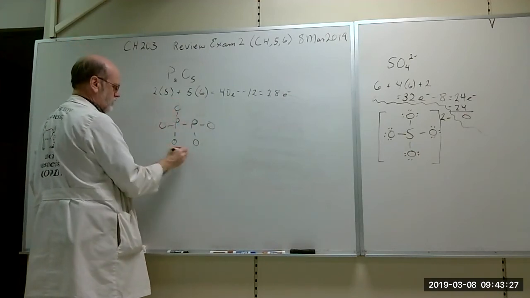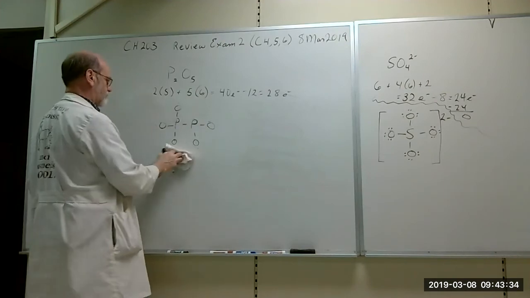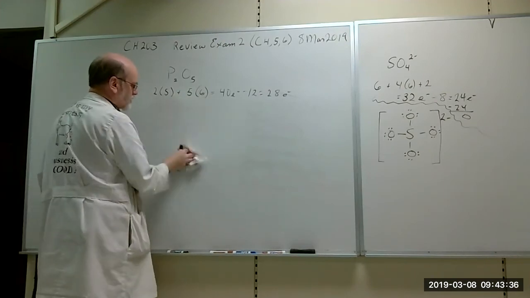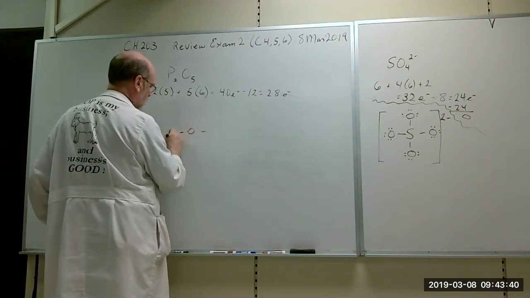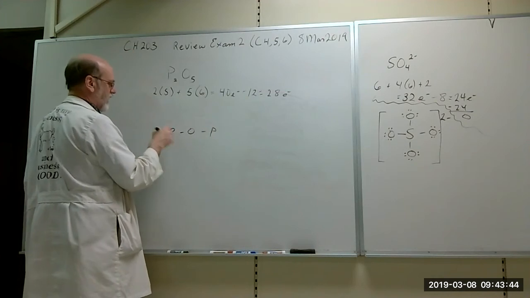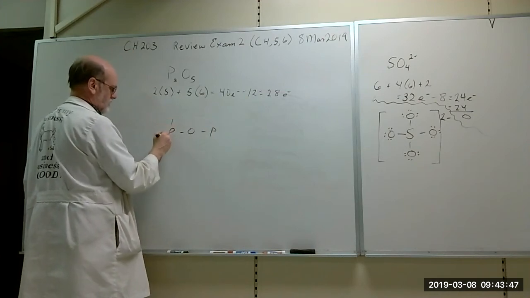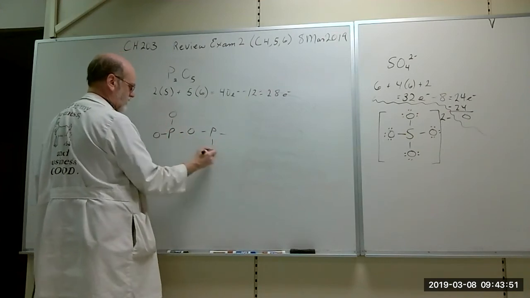1, 2, 3, 4, 5. Wait a minute. I built this molecule incorrectly. It's got an oxygen in the middle, phosphorus on the outside. That's the problem.